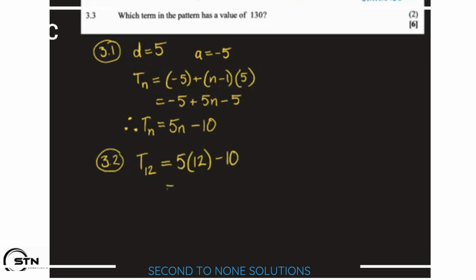That should give us an answer of 50. And that, in English, means that the 12th number in the sequence will have a value of 50. In other words, the sequence would go -5, 0, 5, 10, 15, and it would go all the way up to 50, and this would be the 12th number.